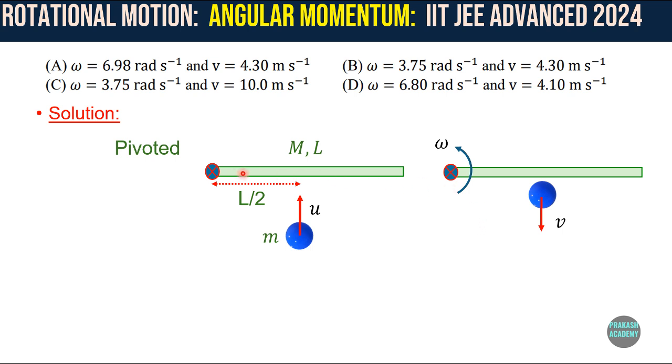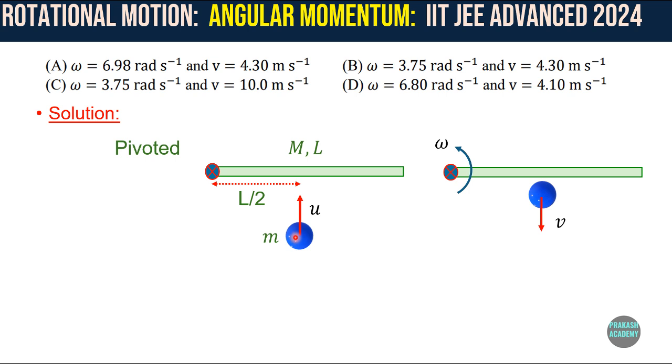Now let us see the torque. If you consider an axis passing through this pivot, there is no torque about this axis, because this system is kept on a horizontal surface. The torque of a weight will be in horizontal direction, but this axis is vertical, that is, perpendicular to the screen.